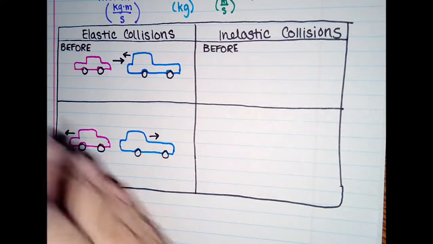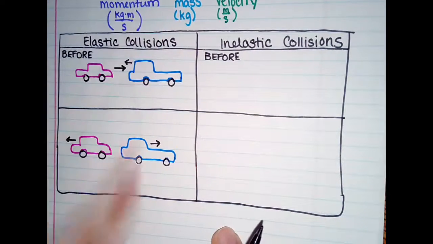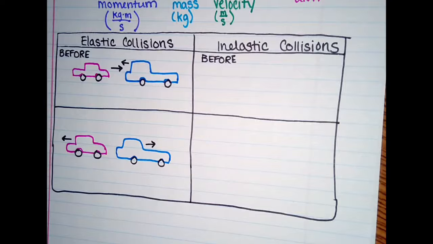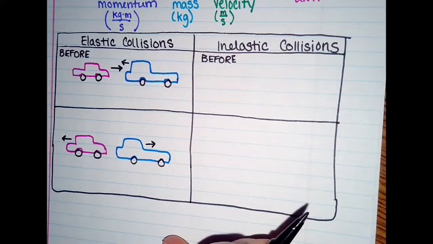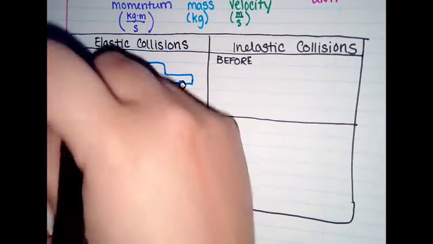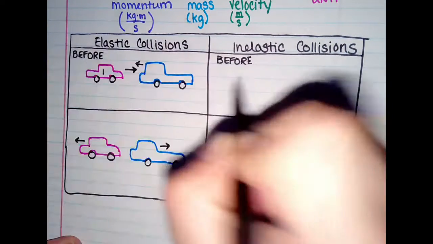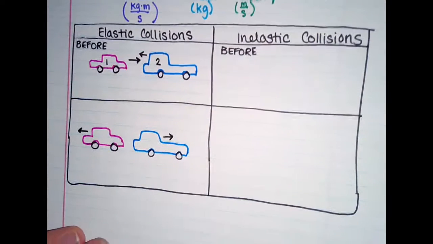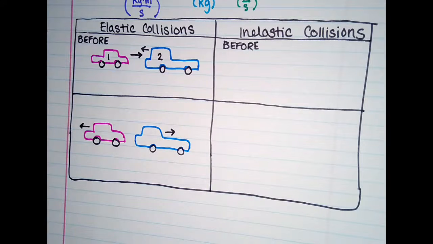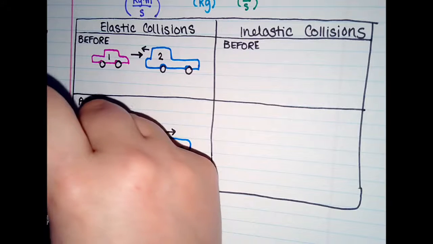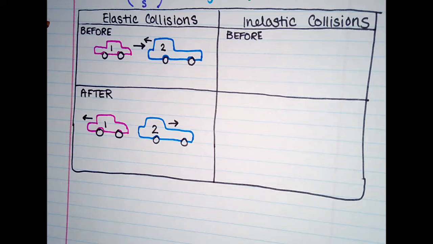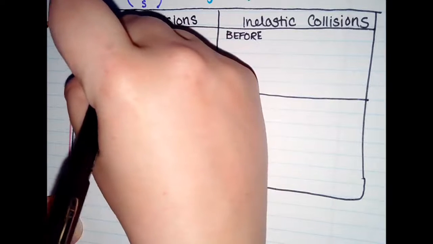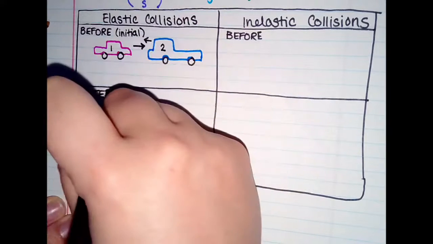So, how could we use this formula to figure out some stuff here? What you can do is figure out the momentum of this and the momentum of this. So we're going to call this, we're going to be careful here, car 1, car 2. This is going to be after. This is still car 1 and car 2. In physics, we have used before, we're going to call it initial, and after, we're going to call it final.